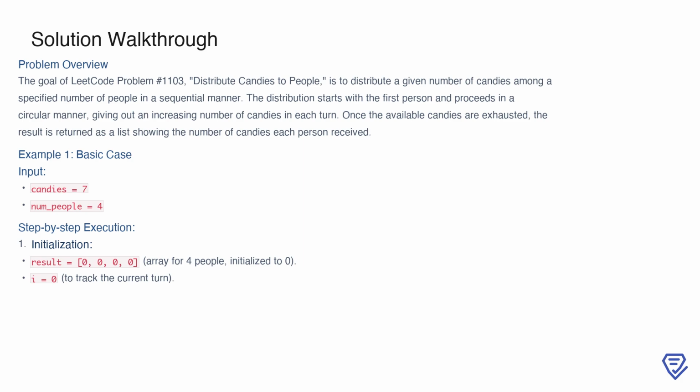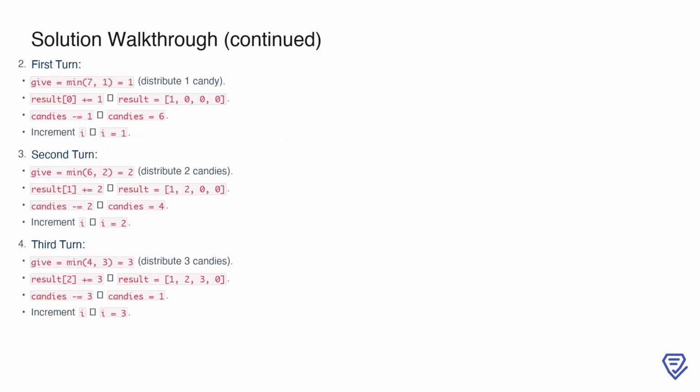For example, with 7 candies and 4 people, we initialize an array with zeros for each person, [0, 0, 0, 0], and a variable i to track the current turn. This sets up the process for distributing the candies step by step. In the first turn, we calculate how many candies to give by taking the minimum of the remaining candies and the current turn value.